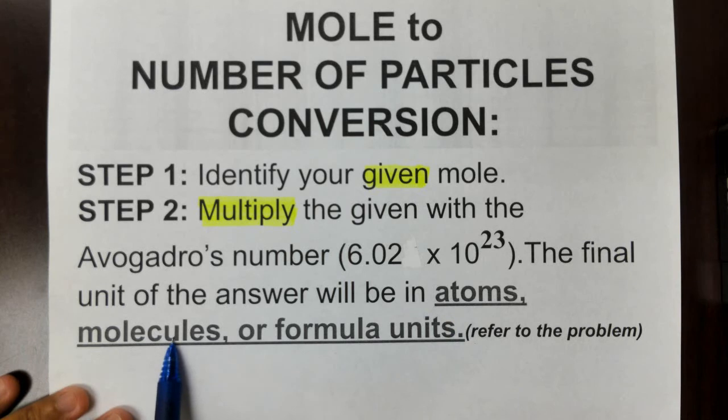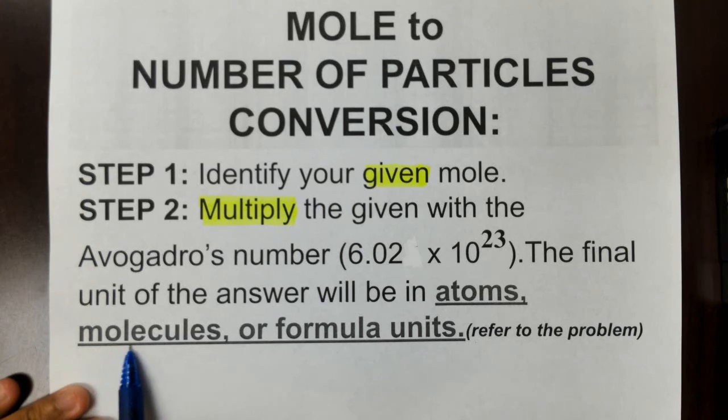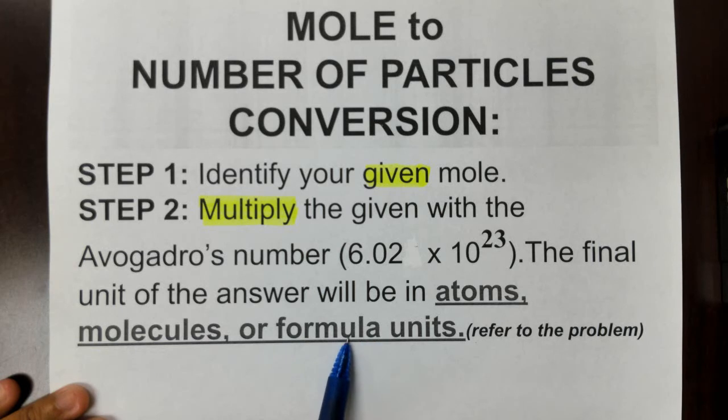So if it's one specific element, the final unit will be atoms. If it's a covalent compound, in which it consists of non-metal elements, then the unit for that will be molecules. And lastly, if we're dealing with ionic compounds, composed of metals and non-metals, or cations and anions, then the appropriate unit will be formula units.